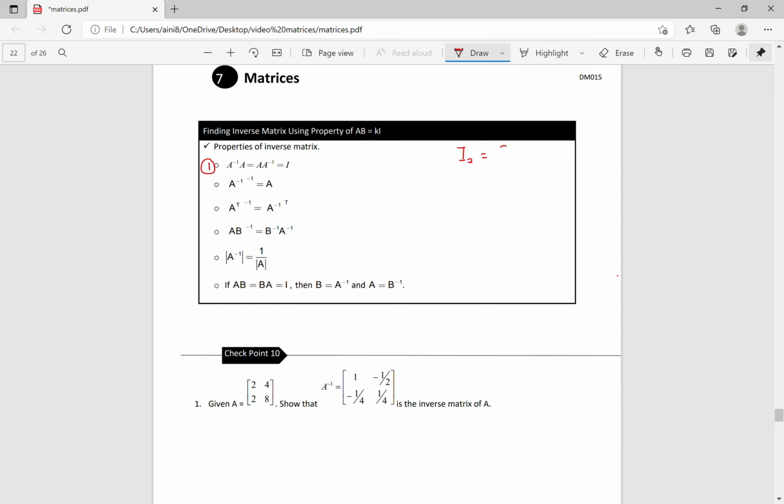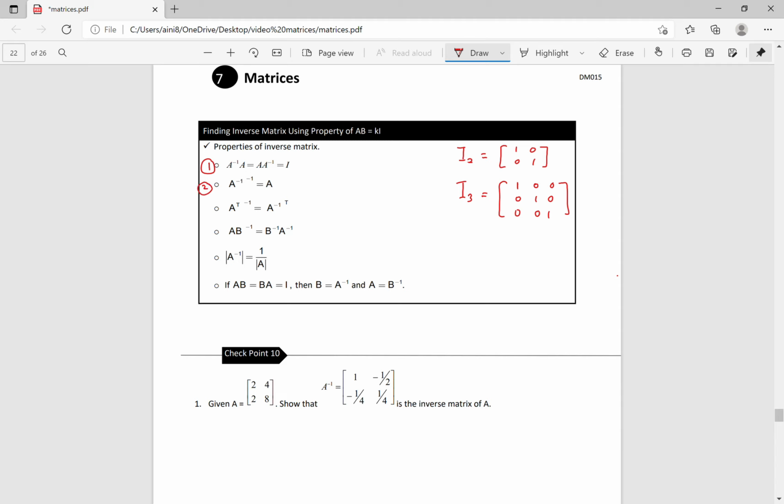I2 is 1, 0, 0, 1, the identity matrix for 2 by 2. And I3 is 1, 0, 0, 0, 1, 0, 0, 0, 1, the identity matrix for 3 by 3.